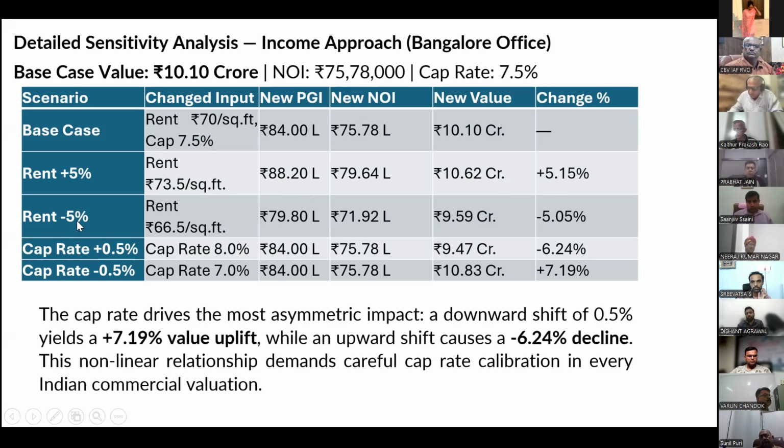If we decrease the rent by 5%, means instead of 70 we take 66.5, potential gross income will be 79.8 lakh, net operating income 71.92, and the value 9.5 crore. Means here the value is changed by 5%.